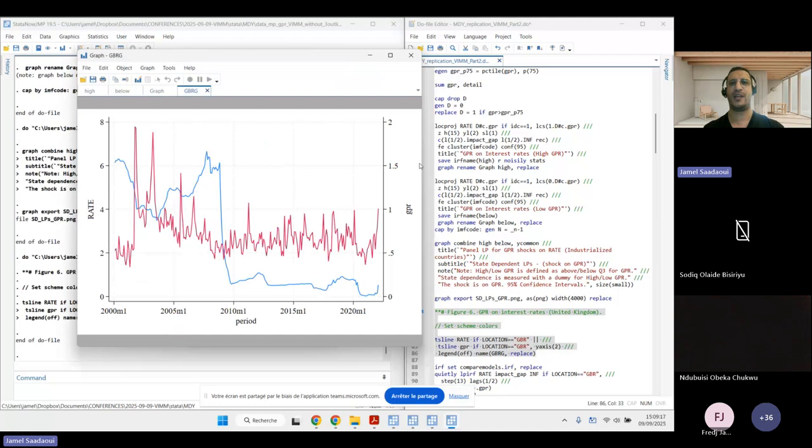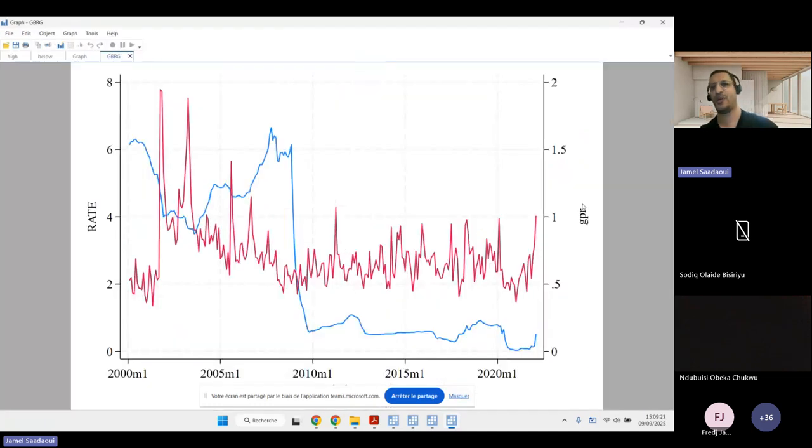So what you can see here is the picture of the short-term interest rate and the geopolitical risk shock in the UK. And as mentioned by Fred, after the GFC, the interest rates are lower than before, but still you have some variation. Of course, it would have been better to use the shadow rates, but shadow rates are not available for all countries.